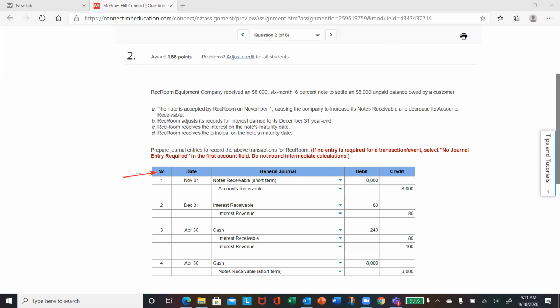Now, regarding the interest, since this happened on November 1st, you got November and then December, so you've got 2 months now. And if you remember, and I'll write this out, remember it's the PRT concept. So again, P, principal times rate times time. So if you would take that 8,000, multiply that by the interest rate, which is 6%, 0.06, times 2 over 12.